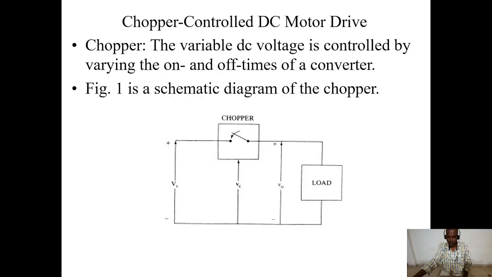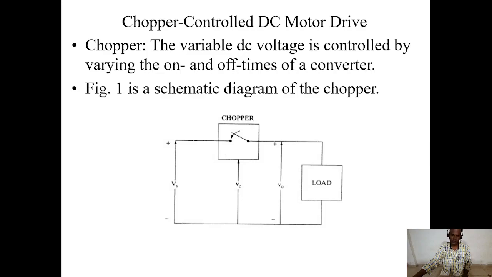We use this source to control the speed of a DC motor drive. For controlling the speed, we have a fixed input voltage, and this fixed input voltage can be converted into variable voltage by means of different techniques.